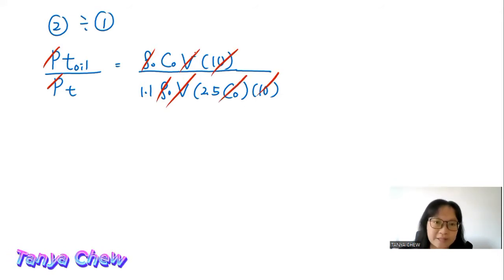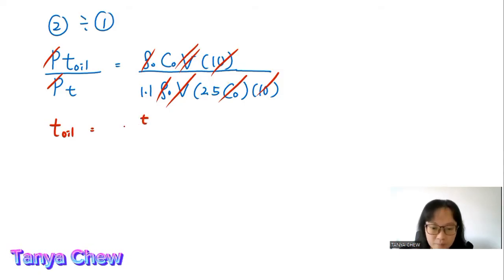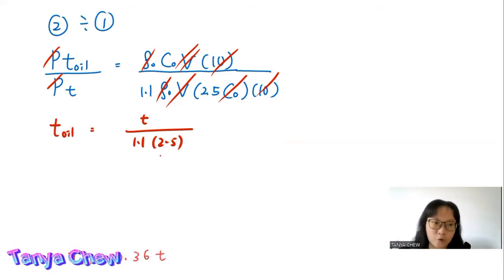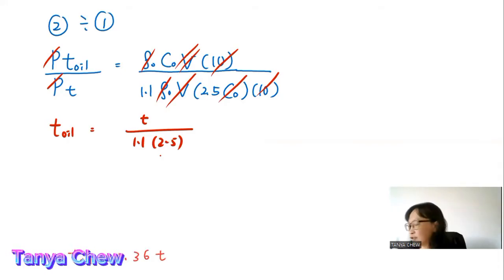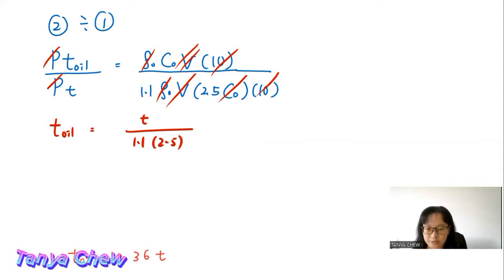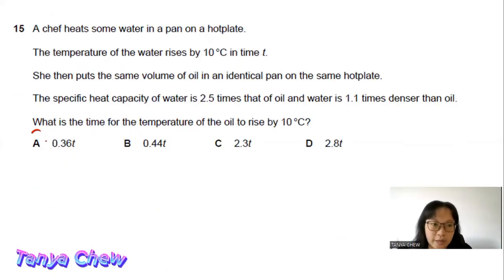And specific heat capacity of the oil can be cancelled off as well. So the time taken for the oil is equal to time taken for the water over 1.1 times 2.5. And I have 0.36 as the answer. So 1.1 times 2.5, just do my double checking here, which is, yes, 0.36 T is the answer. So the answer is A.